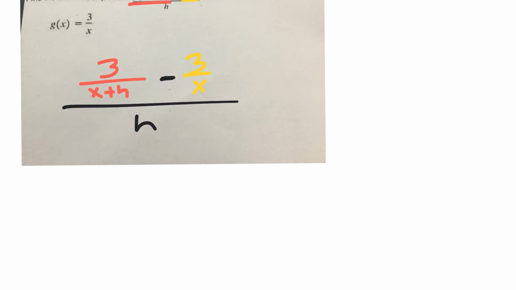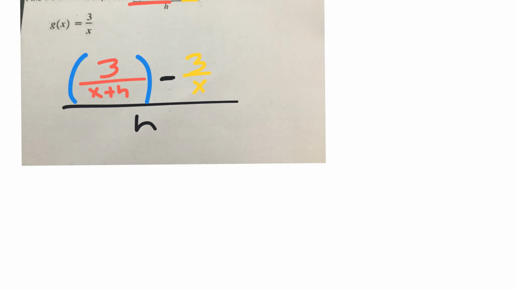So what we want to do is focus on the numerator here, which is f of x plus h minus f of x. I'm subtracting two fractions, so I need to get a common denominator. So the common denominator of x plus h and x we can get by multiplying each fraction by the other denominator. Let's do blue.